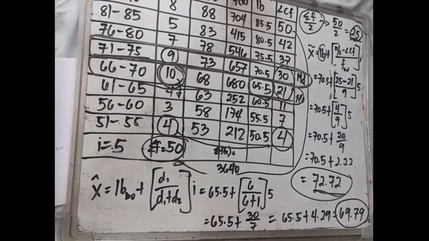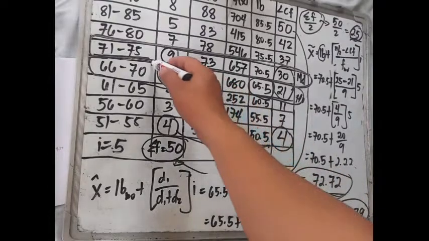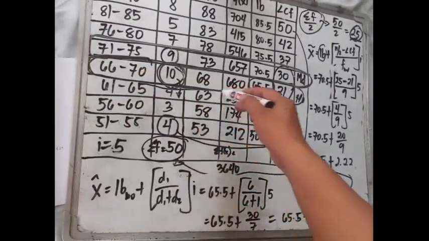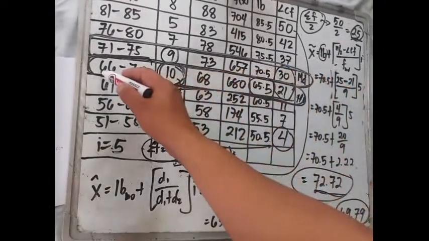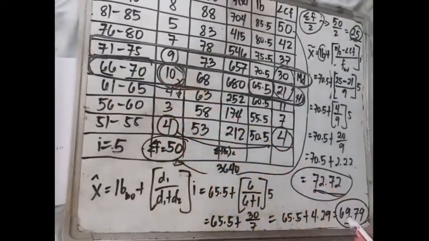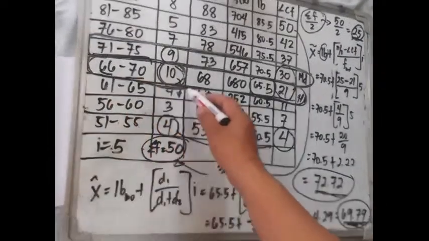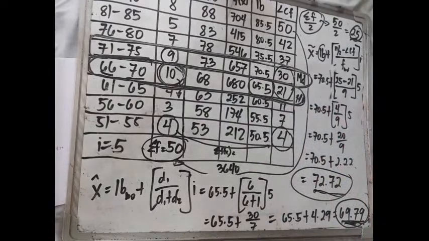So the value of the mode is 69.79. Saan natin makita yung 69.79? Dito pa rin natin makita sa modal class. 66 to 70. Okay, 69.79. Dito pa rin natin makita sa modal class.